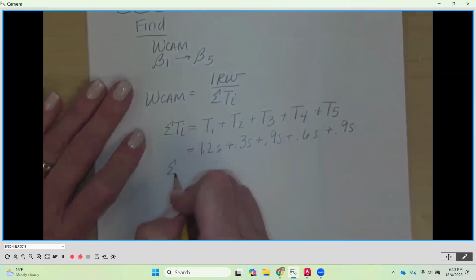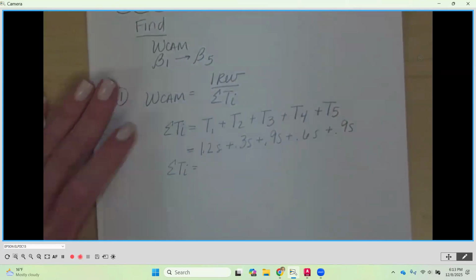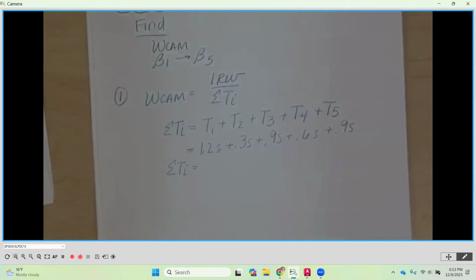So the total amount of time to do one revolution of our cam is what, if we add those all up? What do we get? 3.9 seconds.